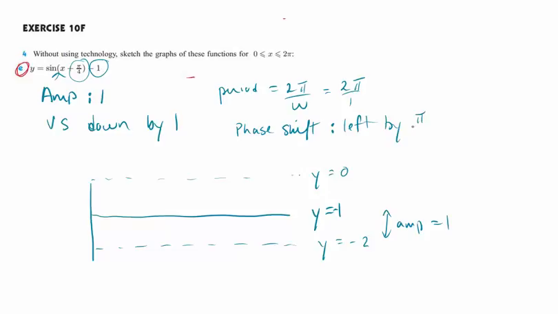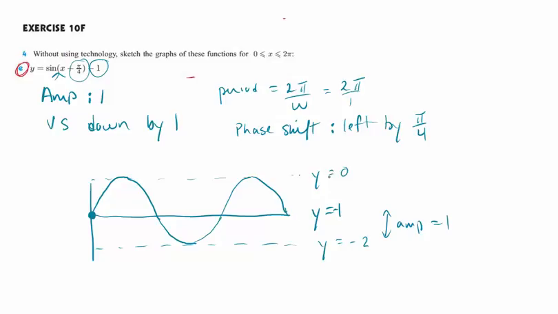by pi over 4. So if we draw our graph, the sine function usually starts at 0, 0, but since it's been shifted down, it's now starting at a y value of negative 1. And then there's no reflection, so it's going to go up and down, like this.